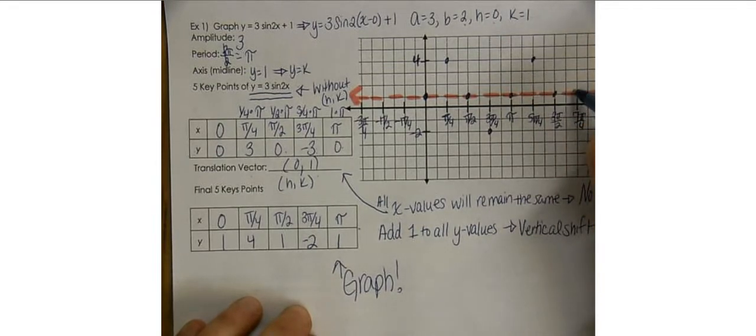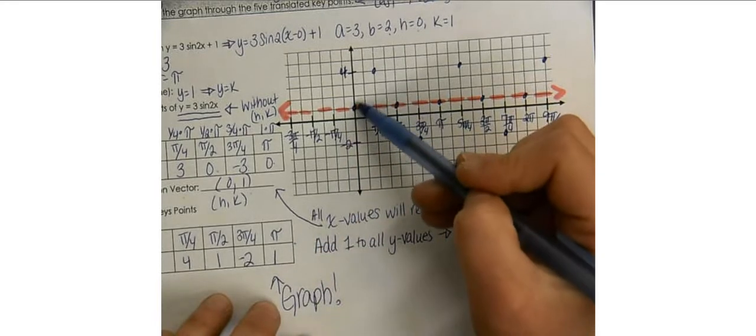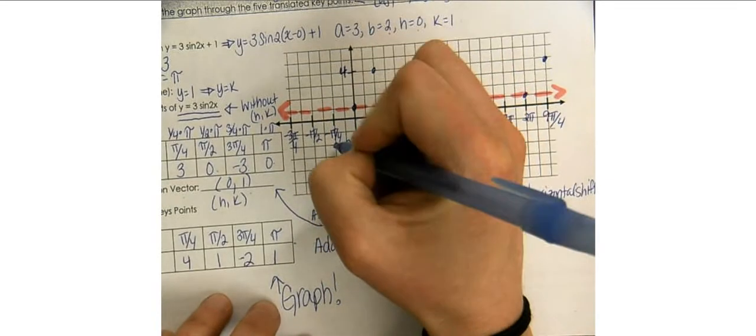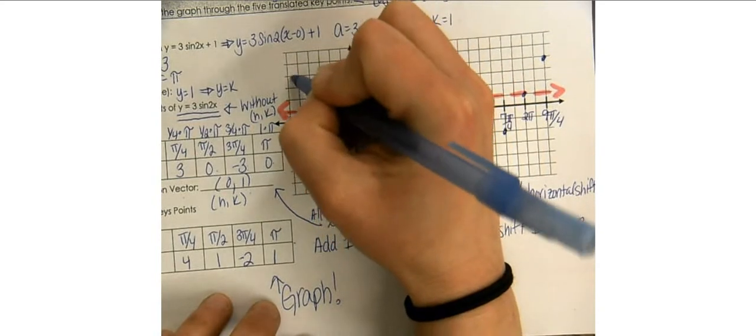Then I'm going to go up to 4, and then back to 1, then down to negative 2, then back to 1, then up to 4. And then repeating this pattern on the other side, looks like I'm going to be traveling down. So this is going to go down to negative 2, then back up to 1, and then back up to 4.